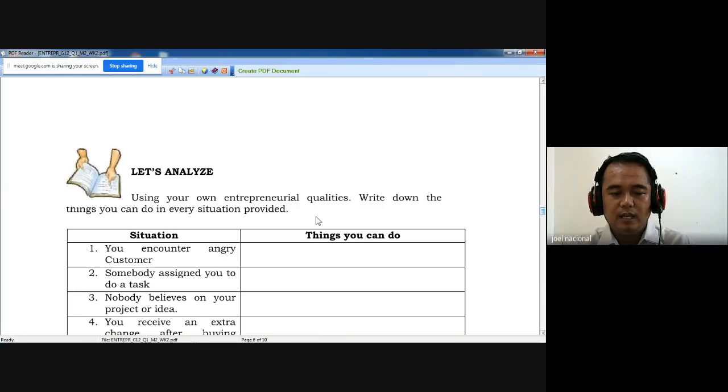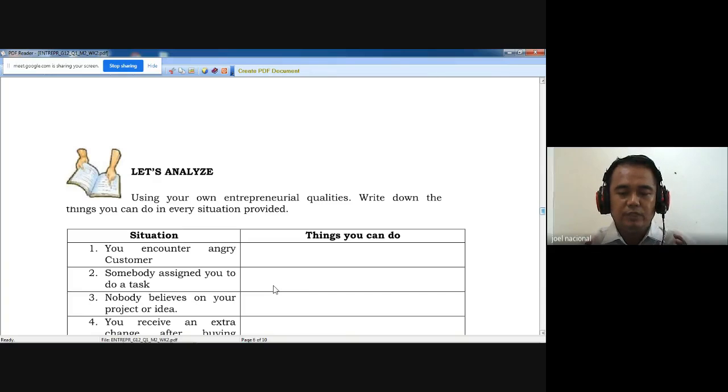And let's analyze portion. So you can see here what qualities you need if you encounter an angry customer, or somebody assigns you to do a task. What are the things you can do?